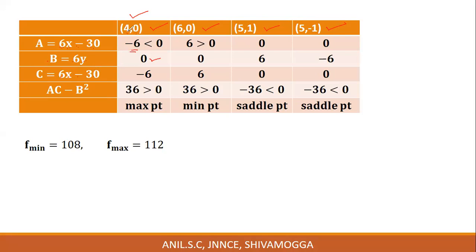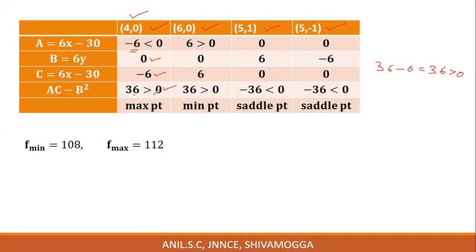Substitute x is equal to 4. 6 into 4, 24 minus 30 is minus 6. Now AC minus B square. AC is minus 6 into minus 6, 36. Minus B square is 0. Therefore, this is equal to 36 and 36 is greater than 0.